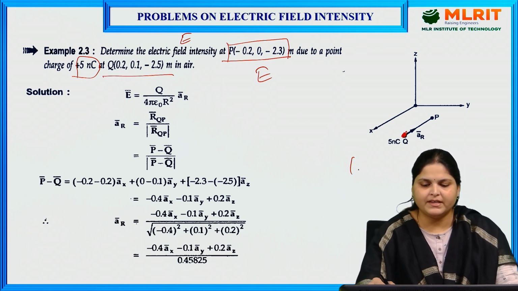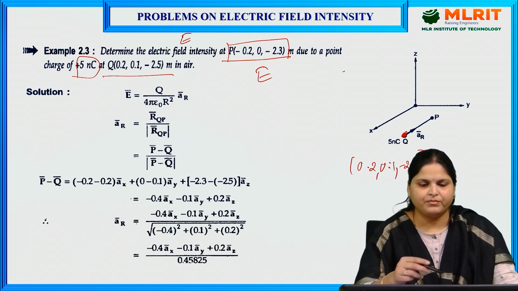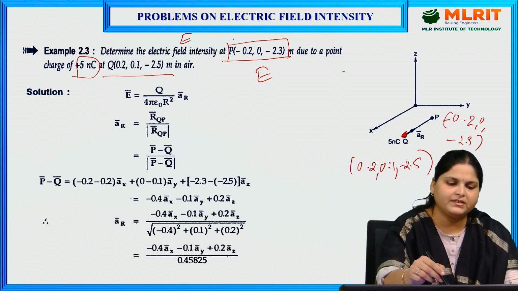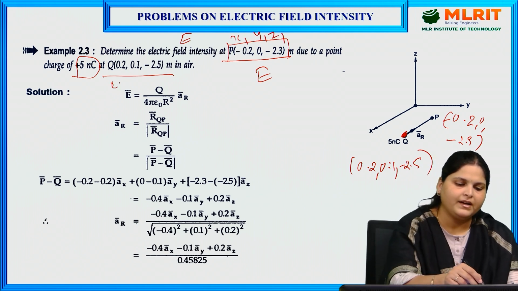Its coordinates are given as 0.2, 0.1 and minus 2.5, and the location of P point is minus 0.2, 0 and minus 2.3. So it is clear that this is x1, y1, z1 and this is x2, y2 and z2.